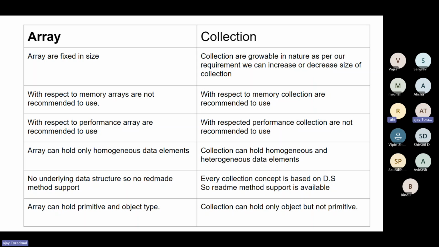Let's say I want to store the Aadhaar number for each and every person. In that case, memory is very important, because there are, let's say, 10 crore or 100 crore or 130 crore people. They want to store the data, so here memory is important, but the government side doesn't care about performance.